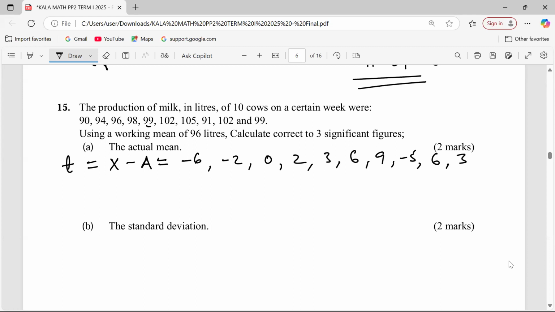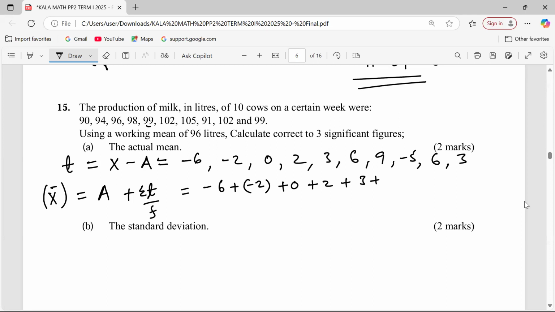So how do we get the actual mean? Actual mean of x will be given by assumed mean plus the mean of t. We add up the t's, we divide by total frequency. So this shall be negative 6 plus a negative 2 plus a 0 plus a 2, 3, 6, 9, negative 5, 6, and 3.